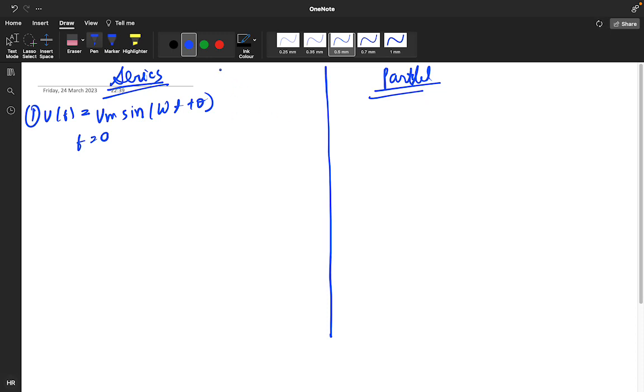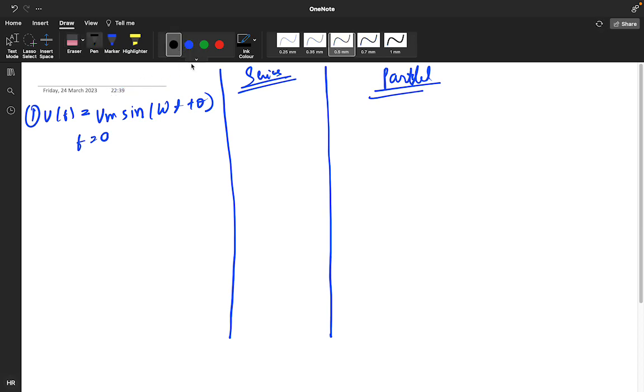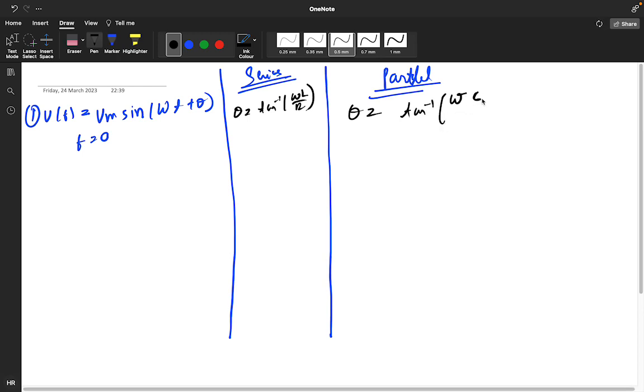Let me write it like this. This is my series. This is the source. So what theta are you getting? Theta equals tan inverse omega L by R. Here what will you get? Theta equals tan inverse, omega will be the same, L will become C, and 1 by R will become 1 by R, so you will get R upside, right? By duality. Correct?